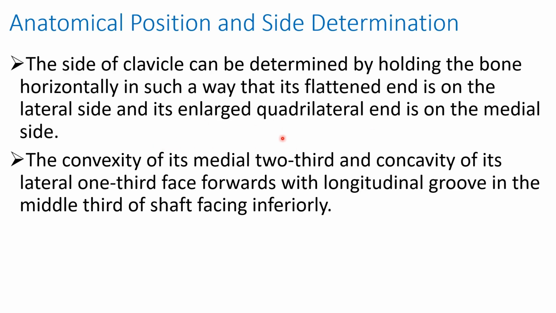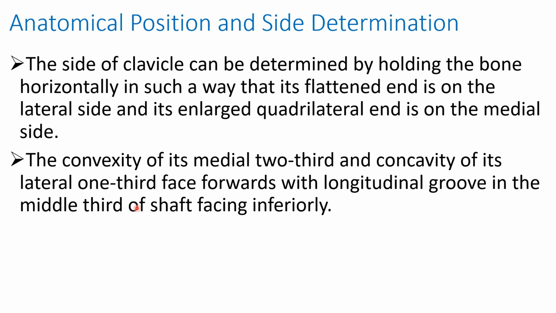So this is the side that articulates with the manubrium sterni, the manubrium of the sternum. The convexity of its medial two-thirds and concavity of its lateral one-third face forwards, with the longitudinal groove in the middle third of the shaft facing inferiorly.